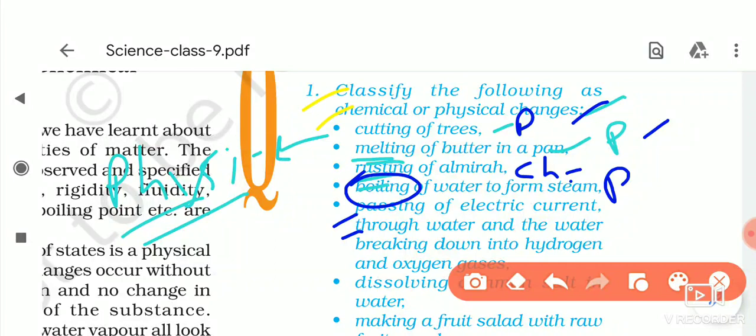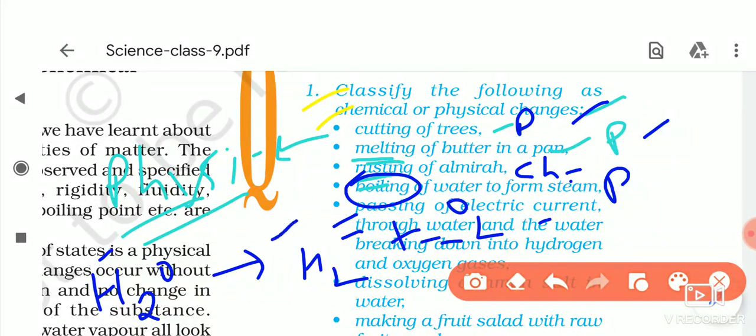Passing of electric current through water: water breaks down into hydrogen and oxygen. It means when you pass current in water then we get H2 and O2. Now there is 2 H2 and here 2 H2. Oxygen is 1 here and oxygen is 2 there, so we have to balance it.